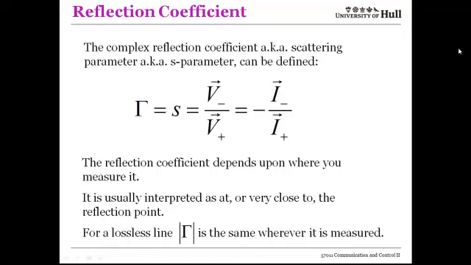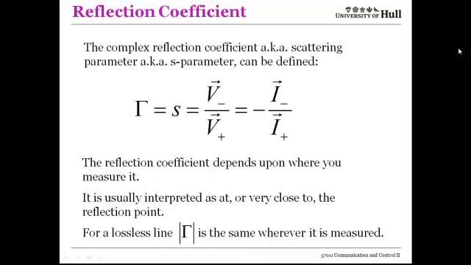So if you have a wave propagating in the forward direction along a transmission line and it reaches the end where it's either a load or it joins to a different sort of transmission line, then at that point you'll get some reflection, and some of the power will bounce off that point and turn into a backward travelling wave. We can define a voltage reflection coefficient, also known as a scattering parameter, also known as an S parameter.